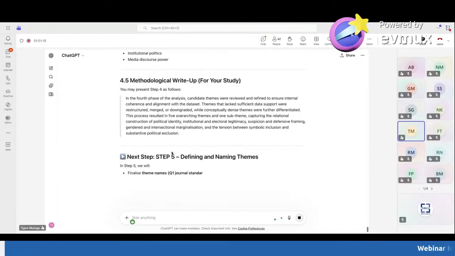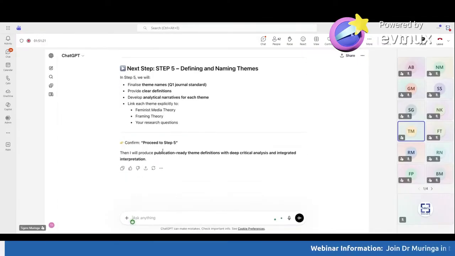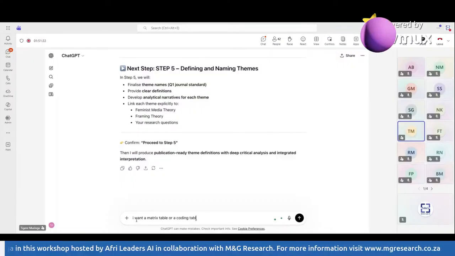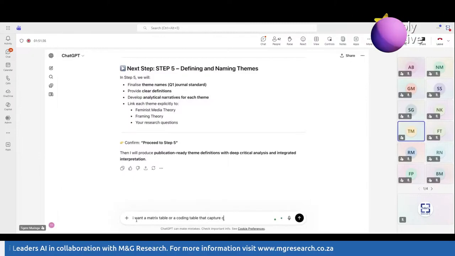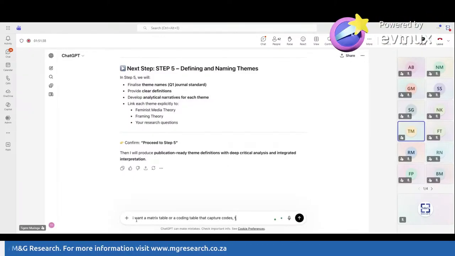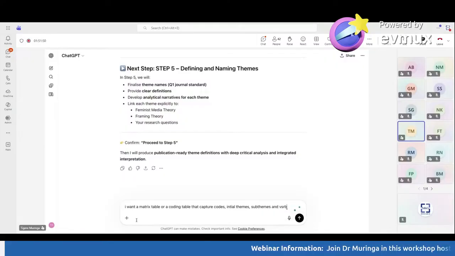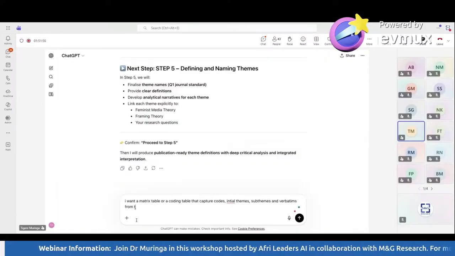It even gives me, before I move to step 5, I said I want a matrix table or a coding table that captures codes, initial themes, sub-themes, and verbatims from the data set, right?